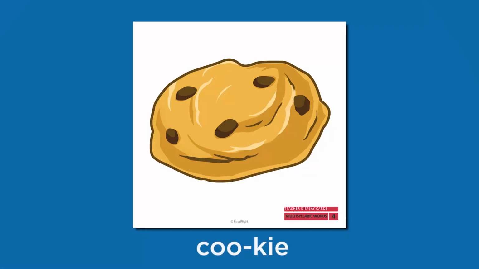When a word is presented in this manner, it should be said by the teacher slowly and deliberately, with a pause between each syllable. In keeping with this approach, the name of each teacher display card is written with syllable divisions. Dashes appear between each syllable, thereby indicating where to divide each word when necessary.